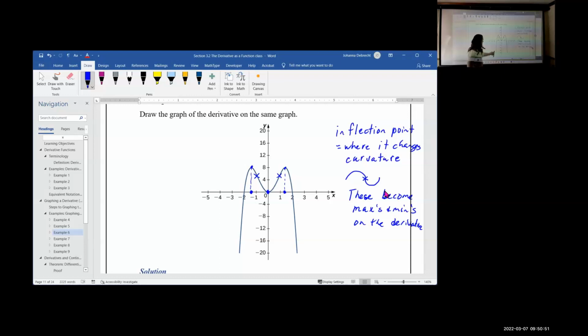So what do you think? Steep, flat, uphill or downhill? Somebody volunteer. Steep uphill. Steep and uphill. Good. I heard lots of voices saying steep and uphill. Steep is far away from the x-axis. Uphill is positive.